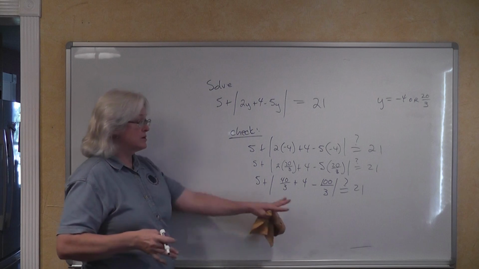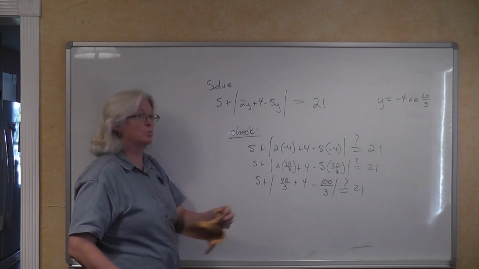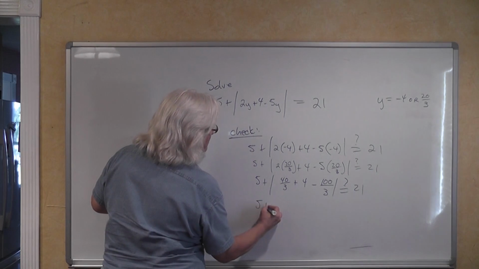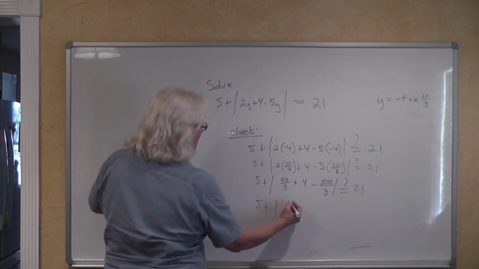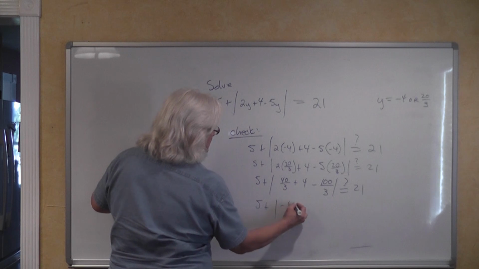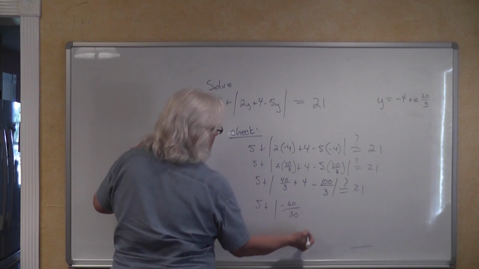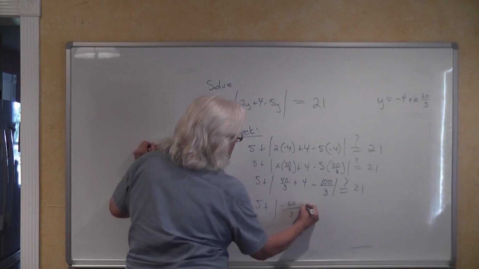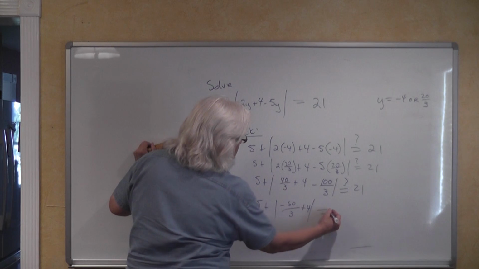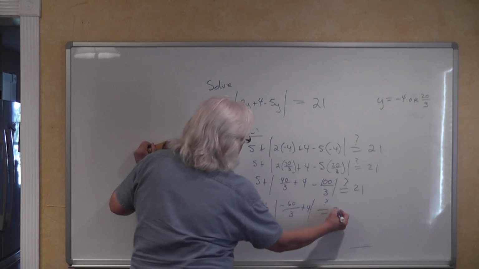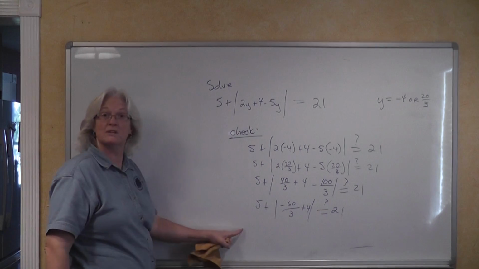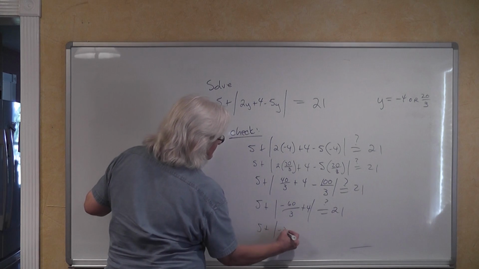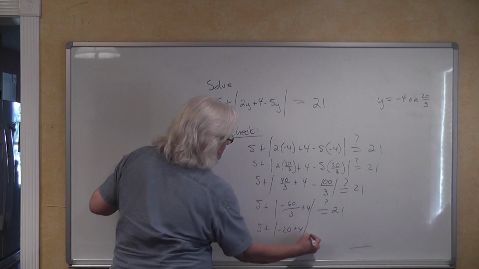Now I'm not going to show you the fraction work here. If you need help, send me a text. 5 plus the absolute value of negative 60/3, not 60/30, it's negative 60/3 plus 4. Is that equal to 21? What is negative 60/3? 5 plus the absolute value of negative 20 plus 4.